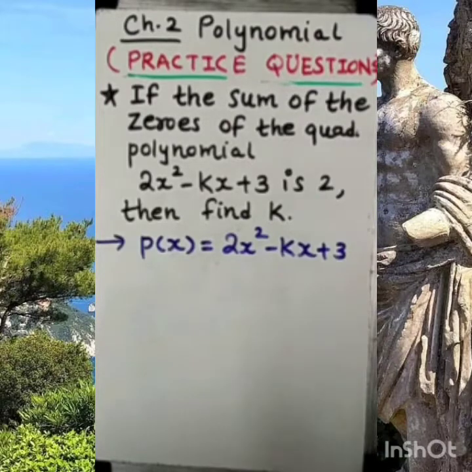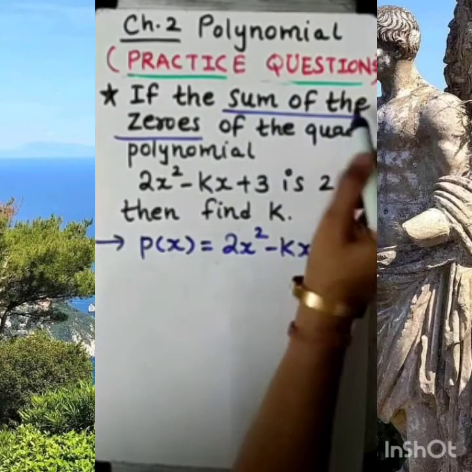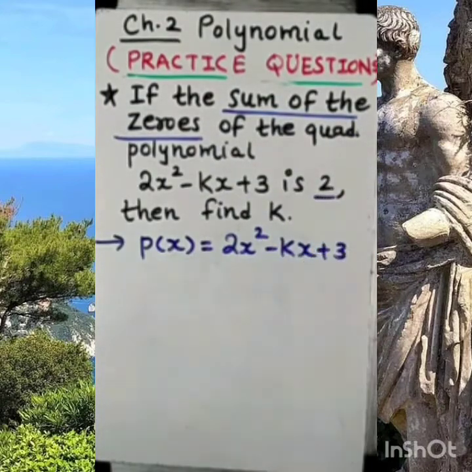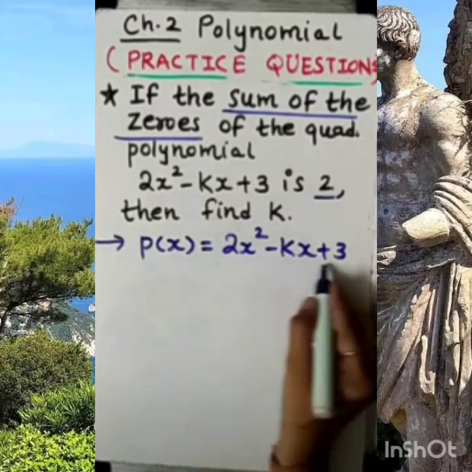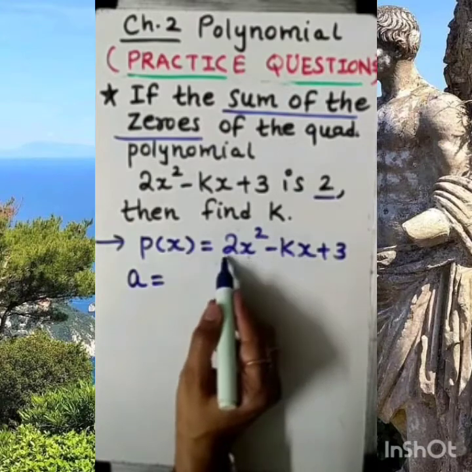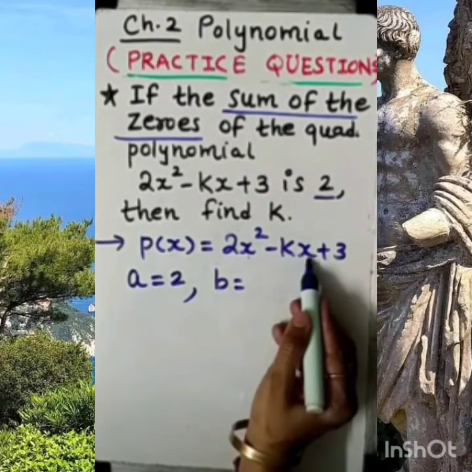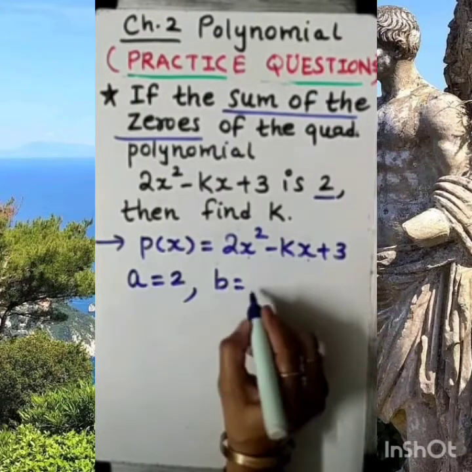Now we are given the sum of the zeros. The sum of the zeros is 2. So first of all, before we work out the sum, let's note down what A, B and C are. A is the coefficient of x square, that is 1. What is B? B is the coefficient of x, that is minus k.